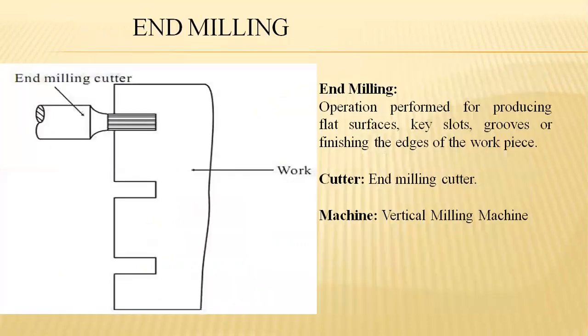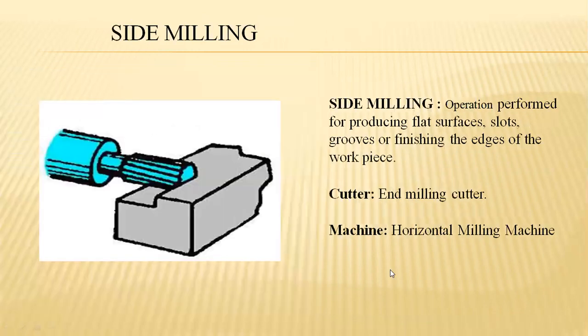This is an end milling process. Particularly, this operation is used for flat surfaces and for producing key slots, which we generally utilize for locking our doors with keys, getting particular profiles. There's an end milling cutter for getting the slots, grooves and finishings. Side milling process is utilized for producing flat surfaces, slots and grooves.